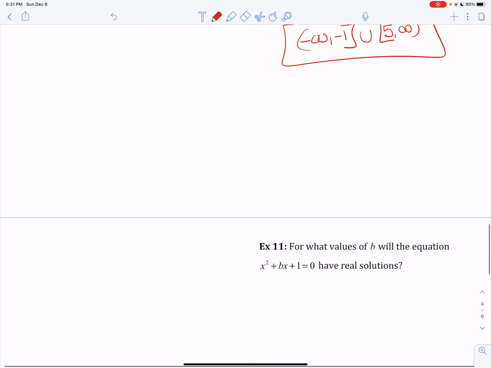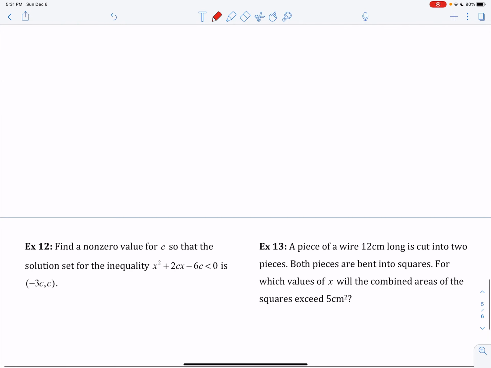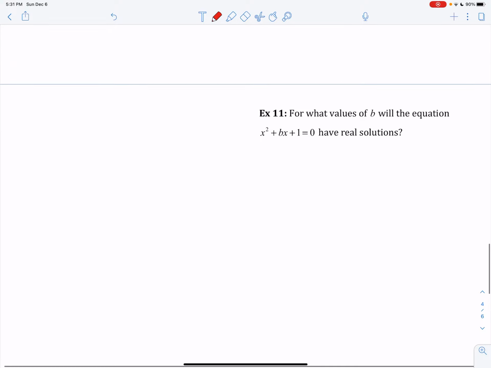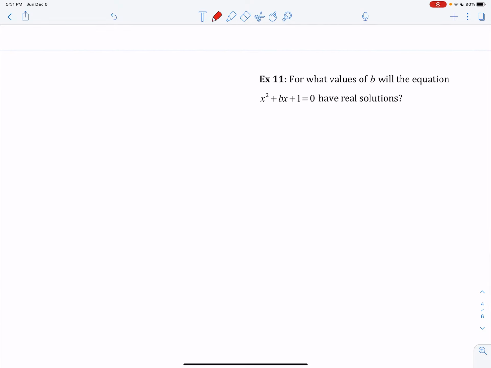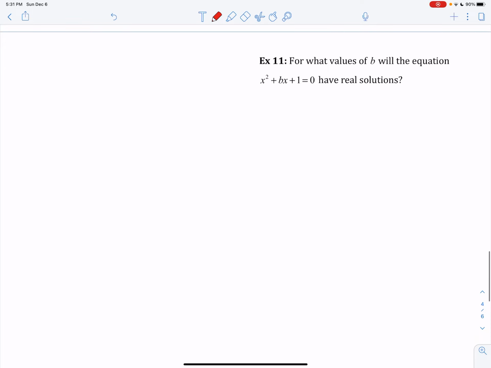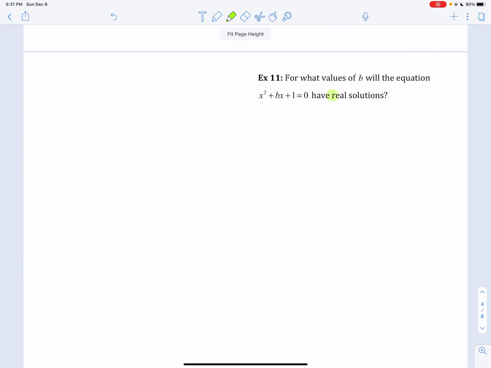And do we have any more here? Oh, we have a couple more. Okay, so let's look at 11. So on 11, we will just set it up and then I will let you finish that one. On 11, you want to know for what values of b will the equation have real solutions.